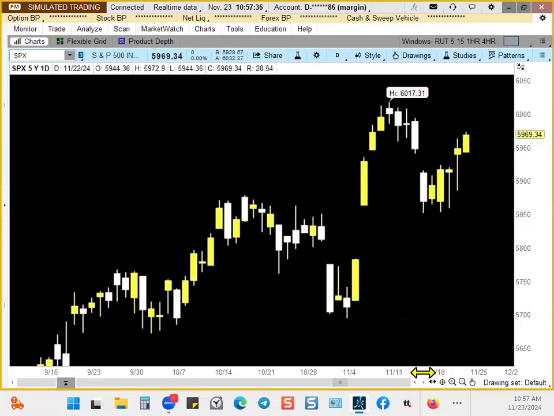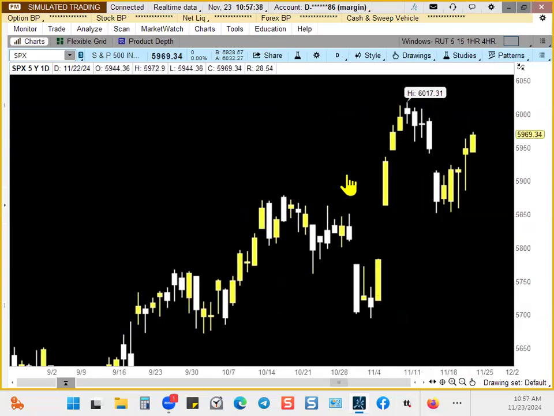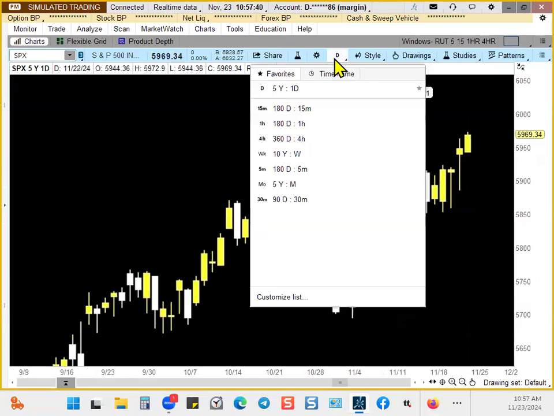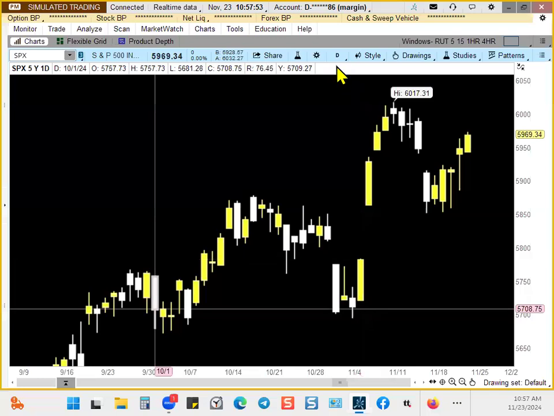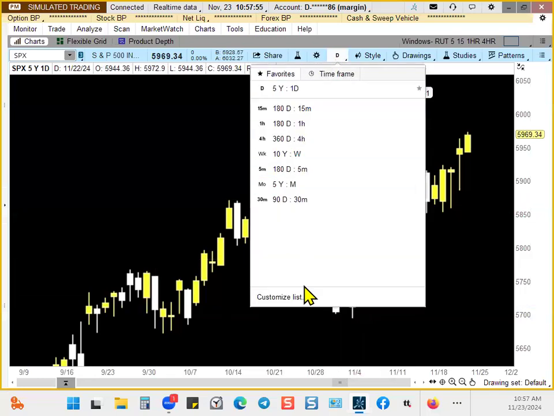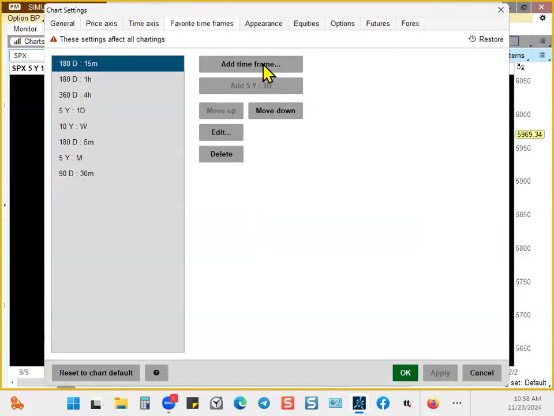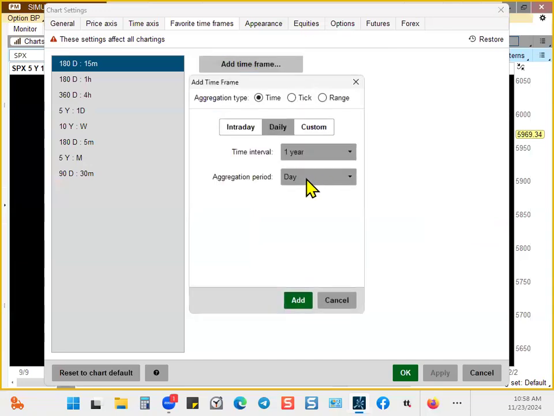So this is SPX. I'm going to switch this to the daily chart. This is Thinkorswim. What I'm going to do is create a new time frame. So I just click D up here, go to customize list, and add a time frame. It'll be a day one.